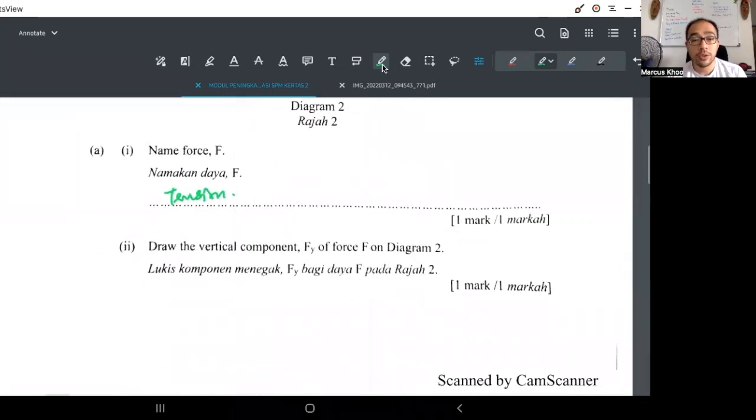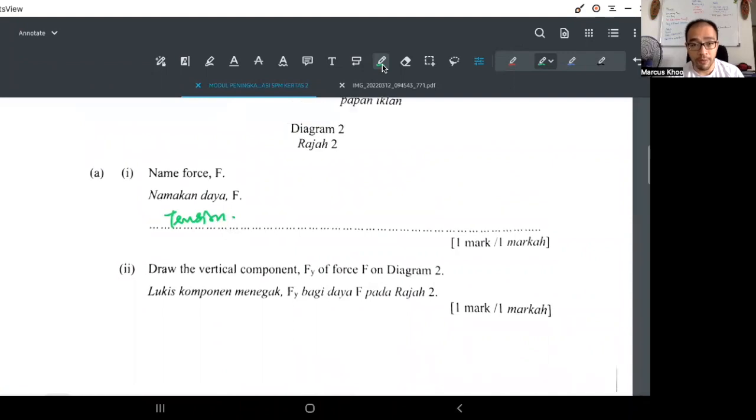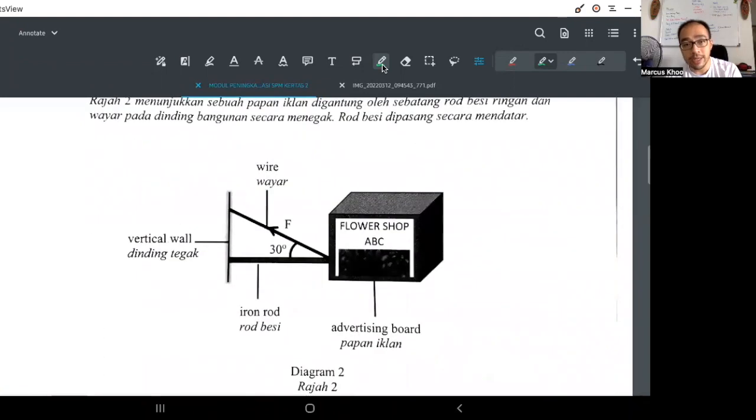So draw the vertical component, Fy. Vertical is very easy, but the important thing is to remember that the vertical and the horizontal components always start from the starting point of the force. Since the force is going in this direction, the starting point is here, therefore the Fy will be here.